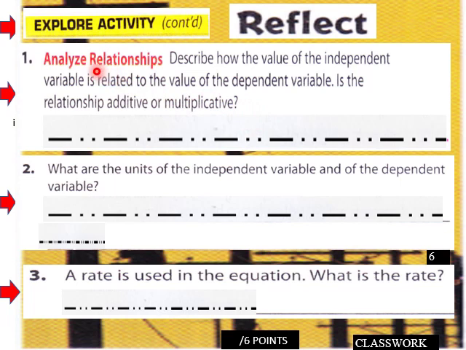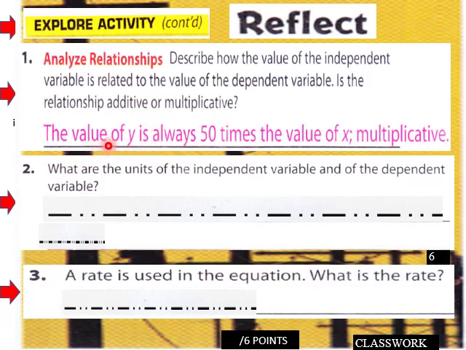Back up here, describe how the value of the independent variable is related to the value of the dependent variable. Is the relationship additive or multiplicative? The value of y is always 50 times the value of x, so it is multiplicative.